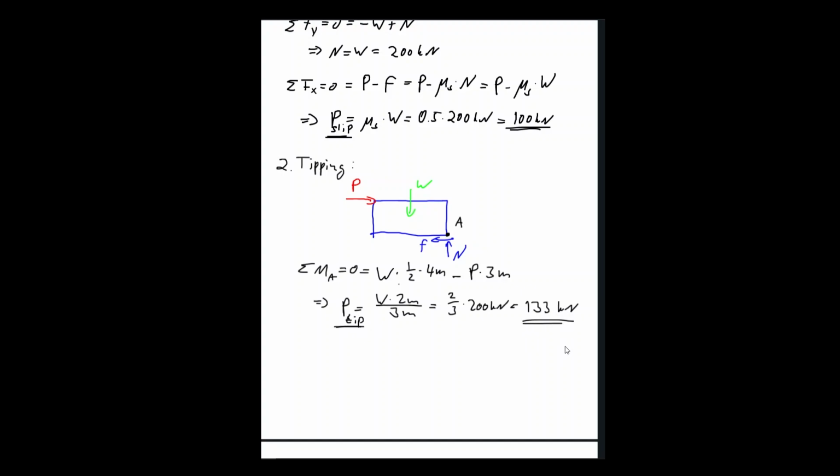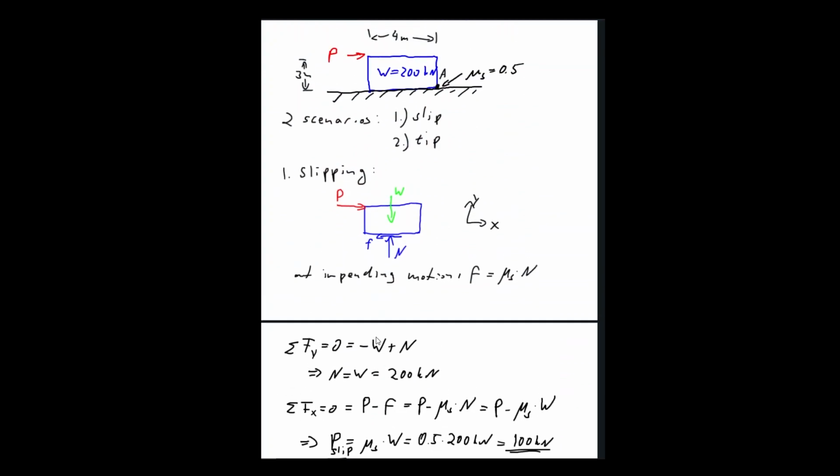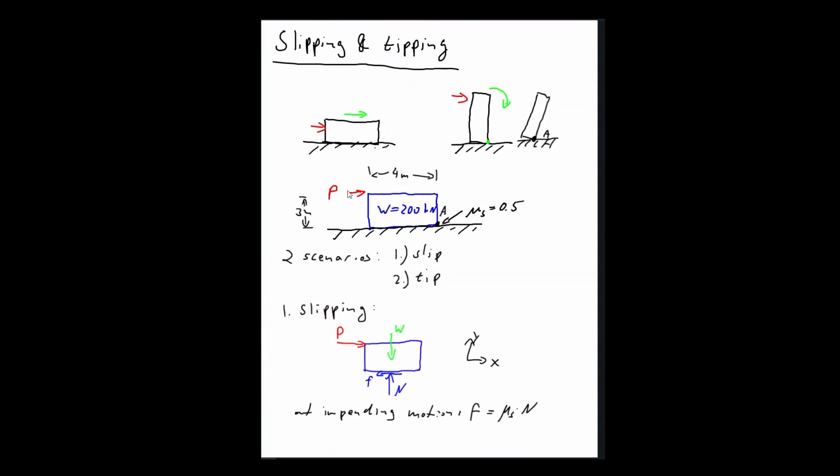All right, so now we have two values, right? We say P slip is 100 and P tip is 133. Let's go back to our picture here. Again, let's assume we're starting at 0 with our force and slowly ramping it up: 0, 10, 20, 50.